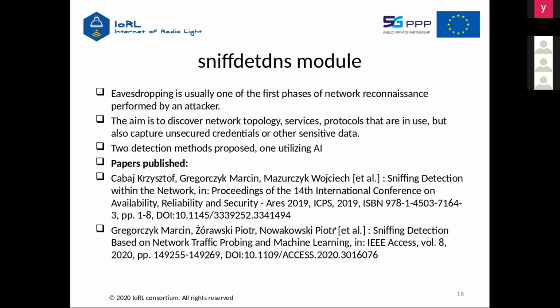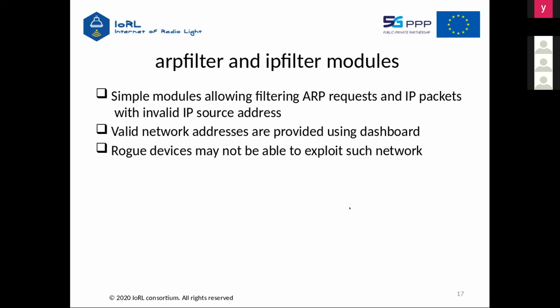The third module is regarding eavesdropping. We are trying to discover if someone is sniffing the network traffic. We propose 2 methods. One of them utilizes machine learning, so artificial intelligence. Also, we created 2 very good papers that were published using open access.